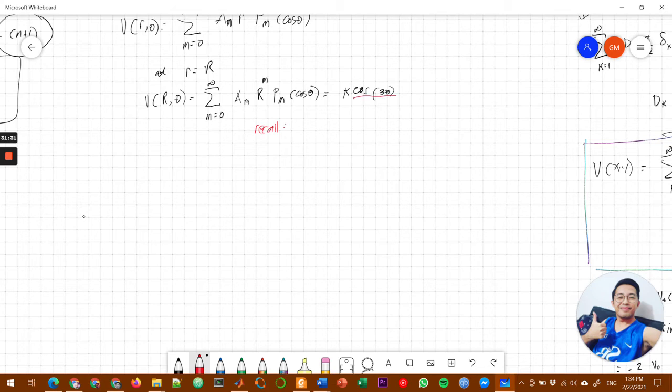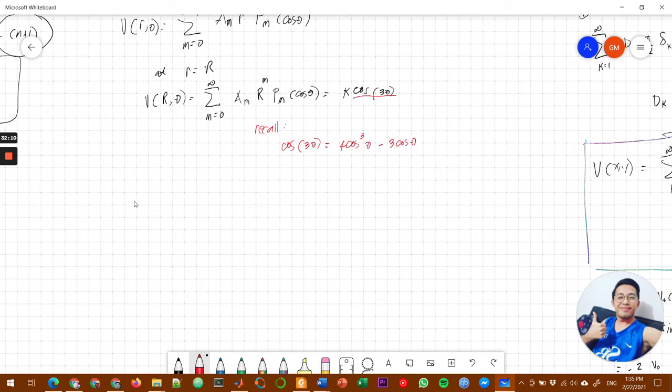So, atong ini-simplify, we have cosine 3 theta. You can search it sa internet or sa inyong any math book. Kani siya nga equation, cosine 3 theta is just equal to 4 cosine cube theta minus 3 cosine theta. Okay?